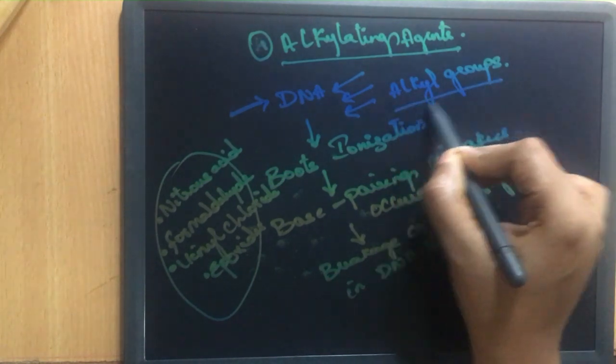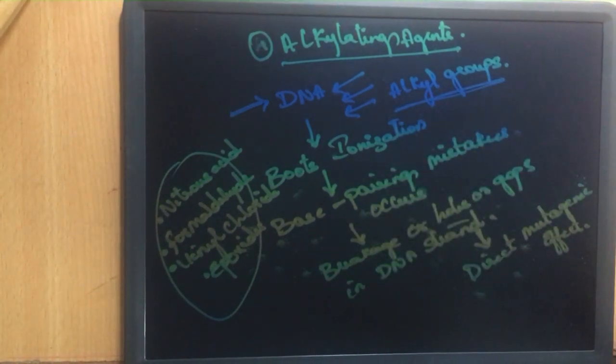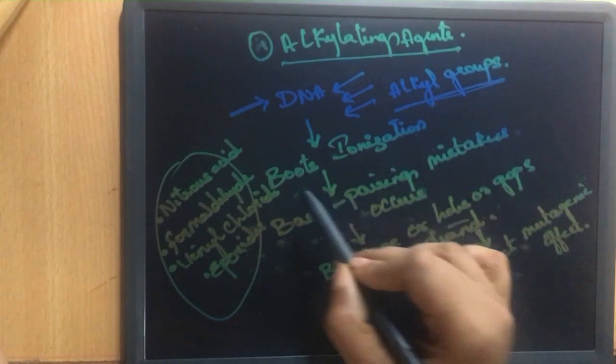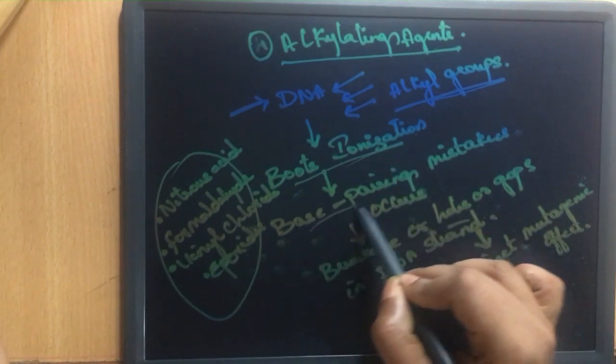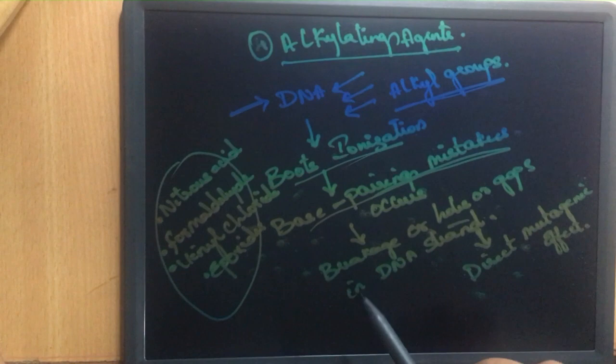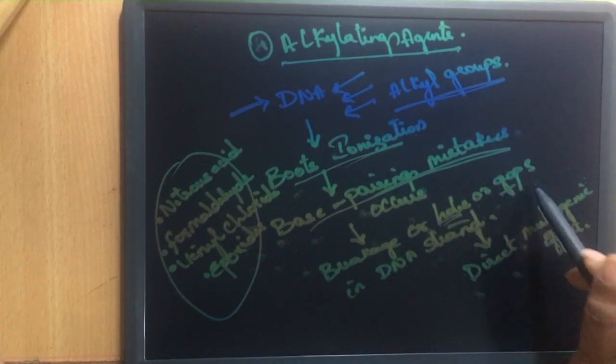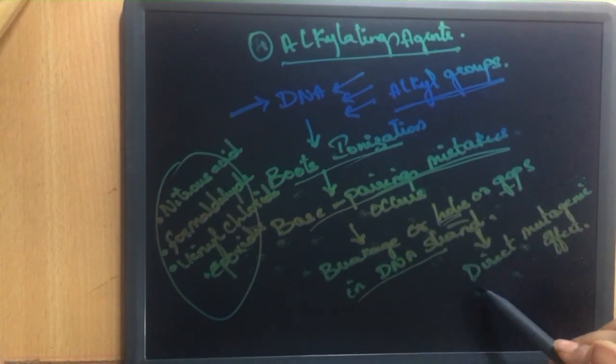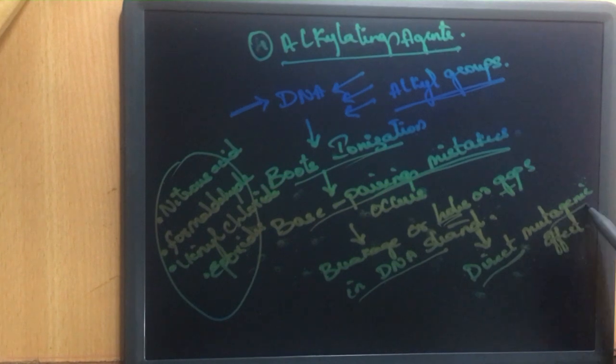They introduce alkyl groups in the DNA, thus damaging it by boosting ionization, which causes base pairing mistakes, which in turn results in holes or gaps in the replicated DNA and thus causes a direct mutagenic effect.